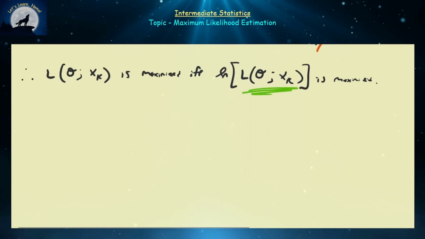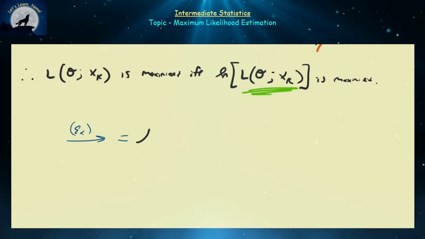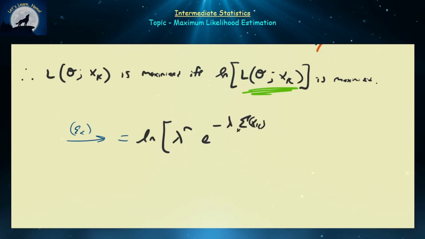So for our particular example, what is the log of the likelihood function for an exponential sequence? That's just equal to the natural log of lambda to the power of m times e to the minus lambda times the sum of xk, where k ranges from 1 to m.